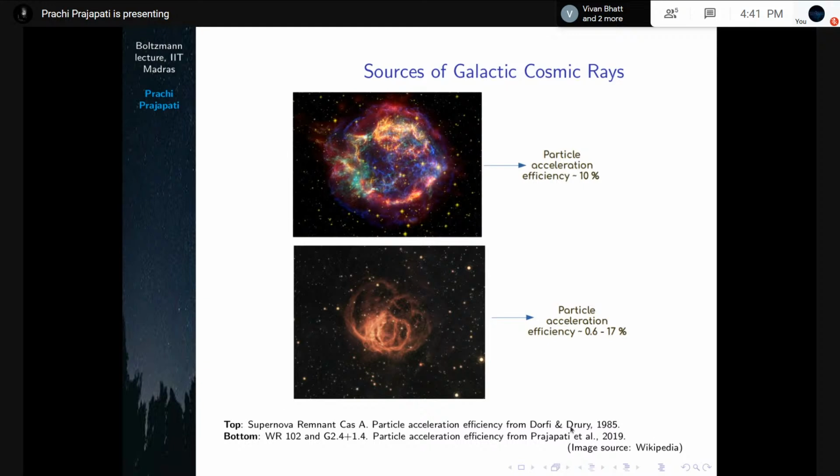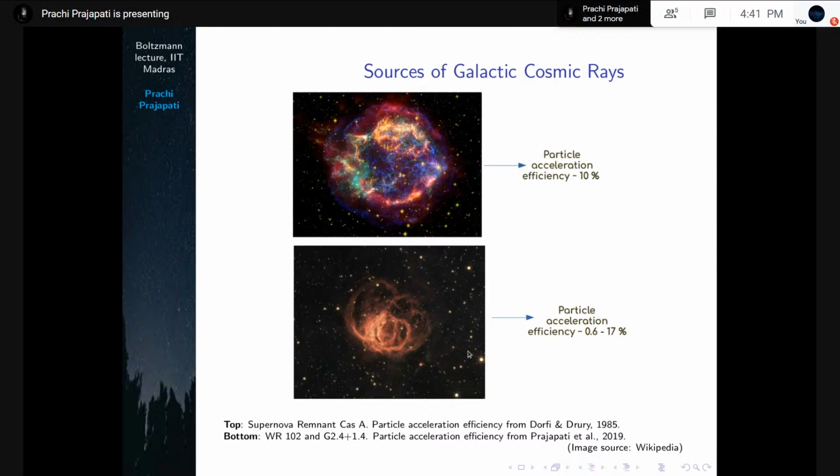And this paper, Duffy and Drury, talks about the efficiency of accelerating particles from supernovae, which is roughly 10%. And what we found for the isolated stellar bubble came out to be 0.6 to 17%.